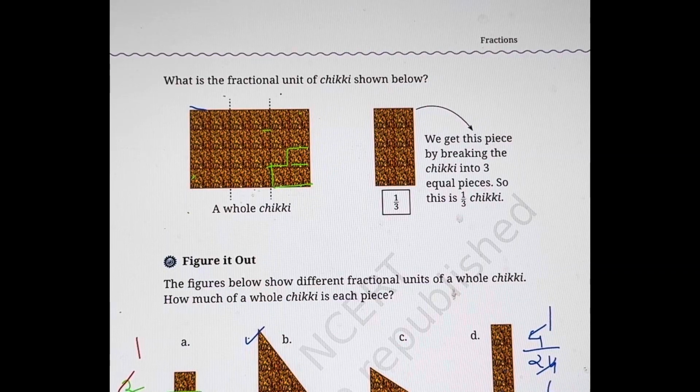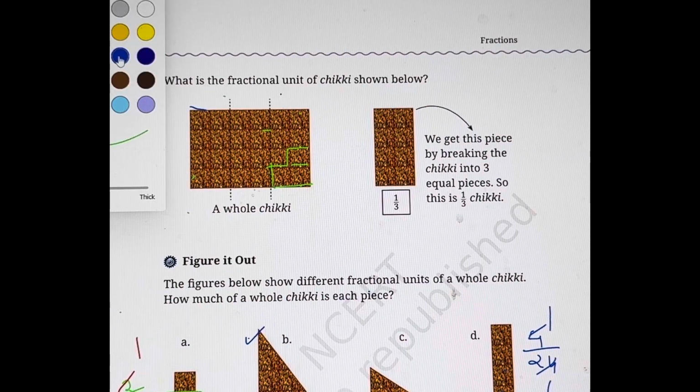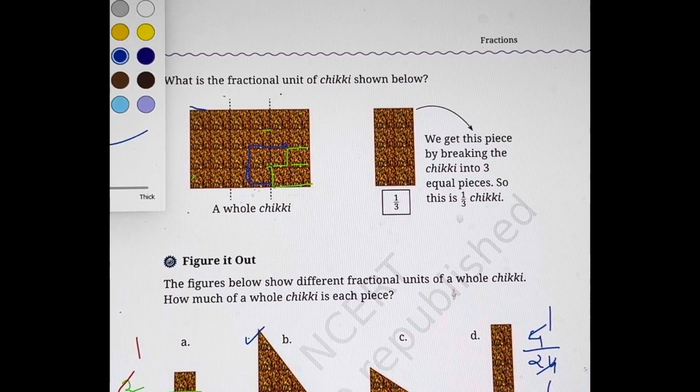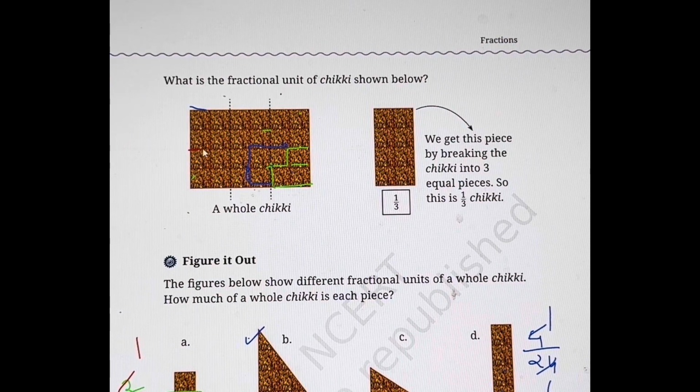Right, and the next 3, so likewise you can count 1, 2, 3, 4, 5, 6, 7, 8. You will get such 8 pieces. So that way also you can understand, we can use different colors to imagine the same pieces.